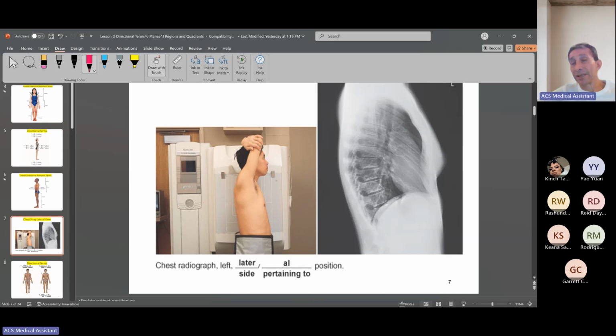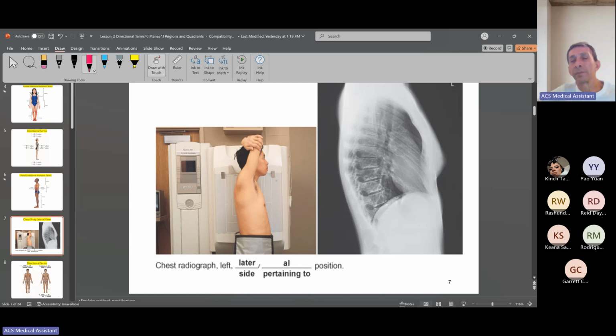So the doctor is going to tell the technician, whether it's a medical assistant or an X-ray technician, okay, I need a lateral view of the patient's chest or the patient's leg, the left leg, the left side of the hip, the right side, the posterior part, the anterior part.